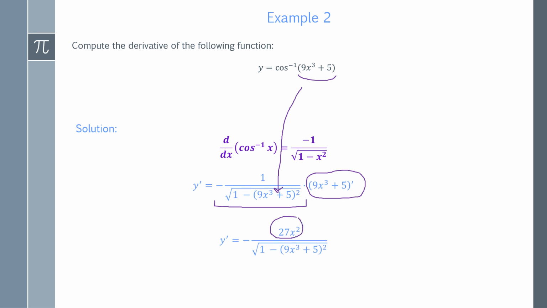Okay, over the square root of 1 minus 9x cubed plus 5 squared. Notice that I keep it factored. I'm not going to multiply that square through. And of course, we don't forget the negative sign. Okay, so here is an example of computing the derivative of a cosine inverse function.